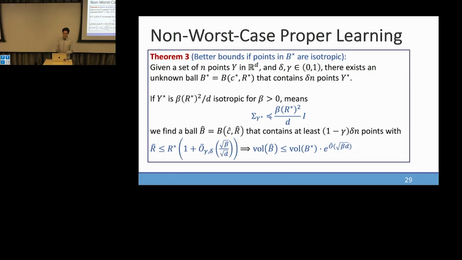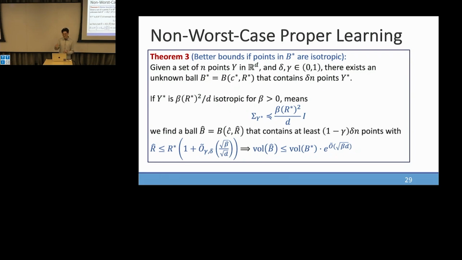The isotropic here means: if the optimal ball covers delta n points y star, and y star in the ball has a covariance matrix whose eigenvalues are all bounded by beta times r star, the radius squared, divided by d. When this beta is very close to a constant, then it's more isotropic. If beta is d, then it's not isotropic in some sense.